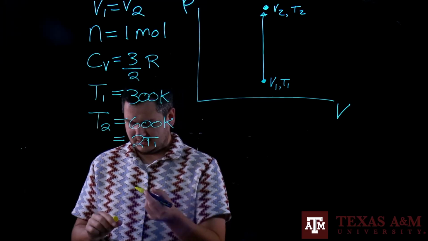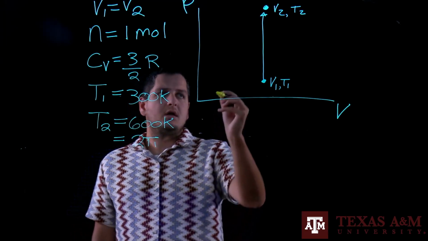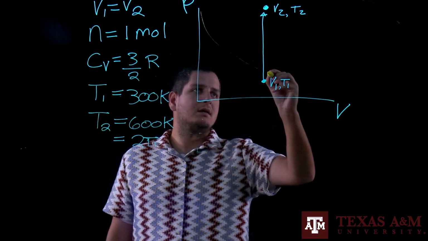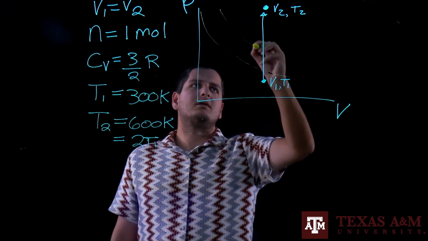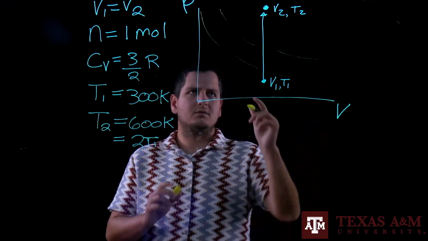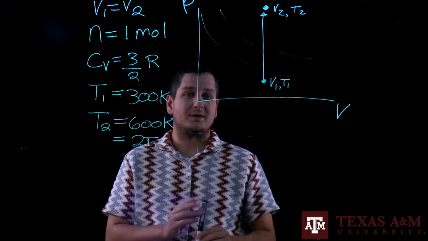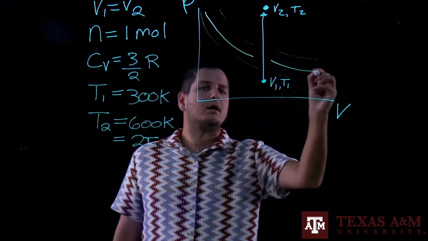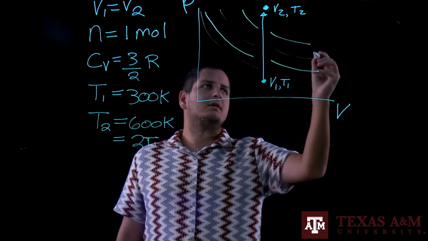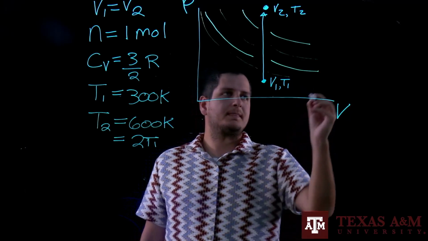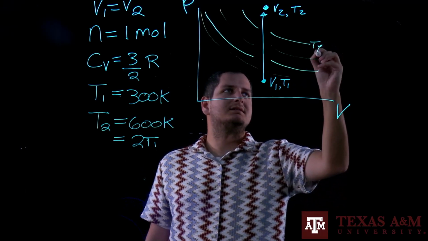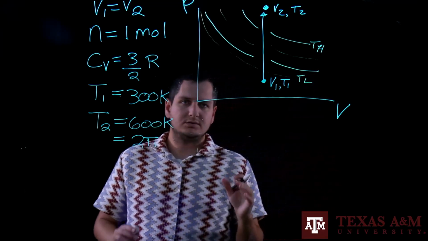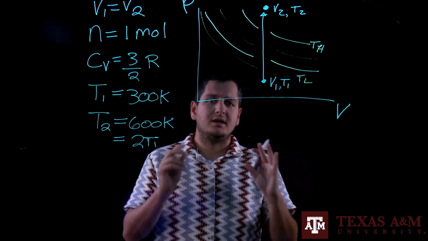Let's see what this looks like. This is not exact. Yellow isn't good. Let's try white. There are these temperature gradients, okay? So this is T high, T low. So this is something that you should think about on any ideal gas, right?